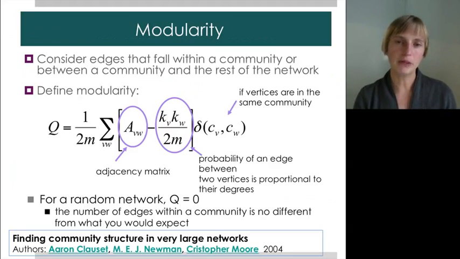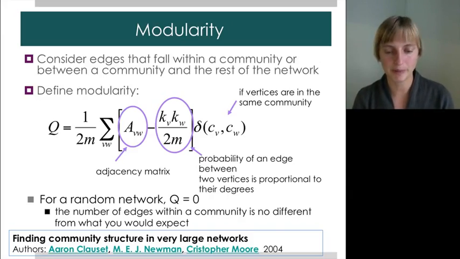The problem with hierarchical clustering and with this betweenness community finding algorithm is that there isn't a clear stopping criterion. It's great that you can stop at different resolutions, but how do you know which one is optimal, which one might be the true community structure of the network?